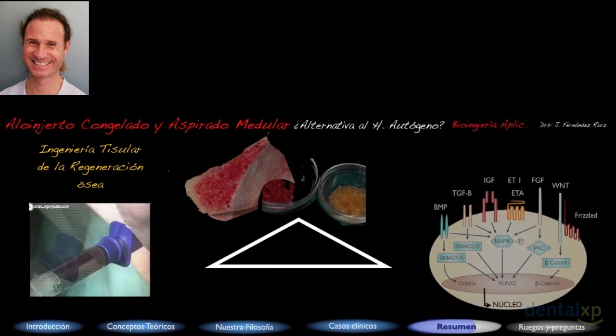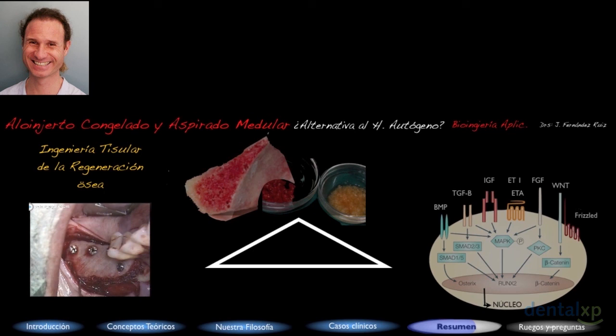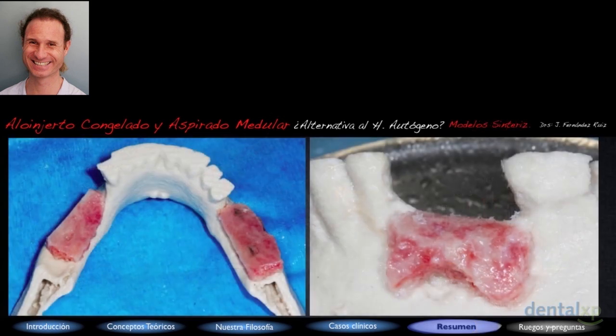So, on every case that we perform, we should analyze the options that we have and try to give the patient the ideal one with a stem cell activity so that we can gain a higher degree of regeneration on a safer basis.